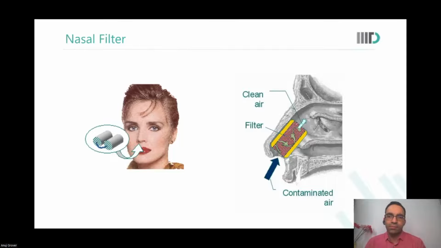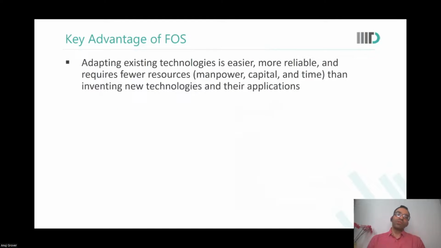Okay. So again, what did we do? We looked at a technology or a principle as it is used in a leading industry, and we adapted the same function to the problem at hand in the same form factor as we needed it. The key advantage of FOS is that it adapts existing technologies which are already proven.